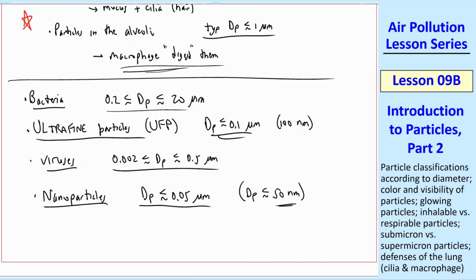You'd think that nanoparticles were down to about 1 nanometer, but they're actually anything below about 50 nanometers is called a nanoparticle. And finally, atoms. We're not going to go all the way down to electrons or anything, but 2 to 6 angstroms, where 1 angstrom is 10 to the minus 10th meters, or 10 to the minus 4th microns or micrometers.